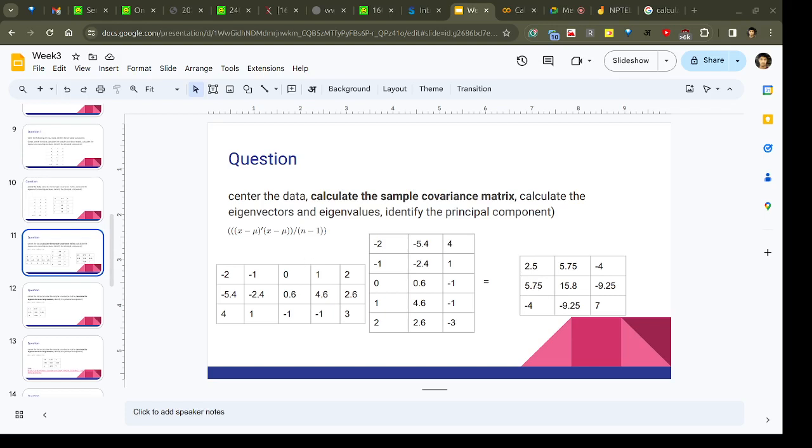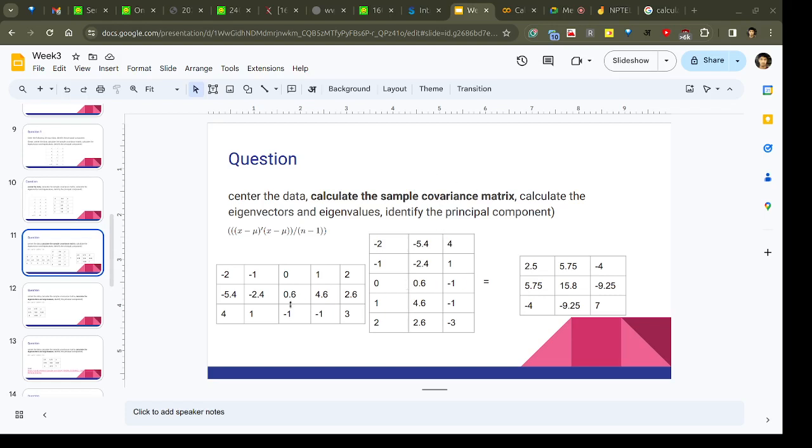Same for the next one. So minus 5.4 into minus 5.4, plus minus 2.4 into minus 2.4, plus 0.6 into 0.6, so 15.8.